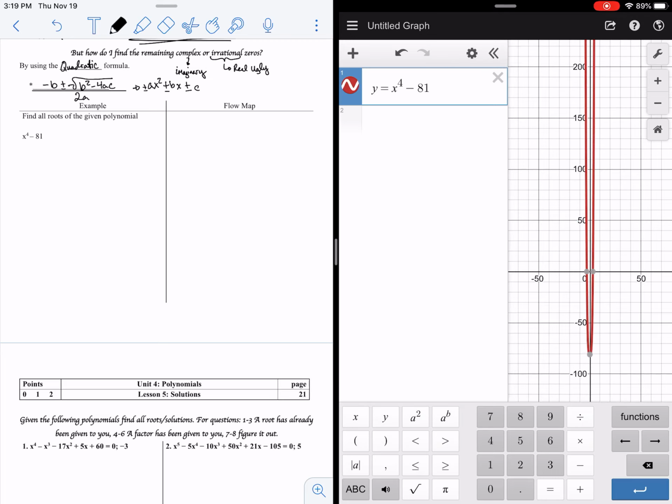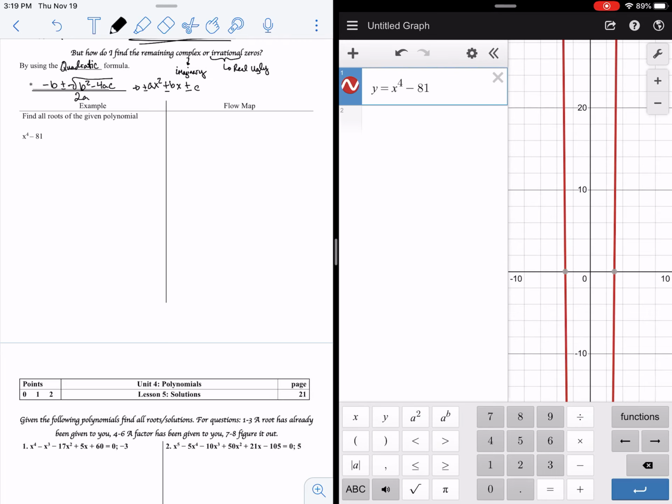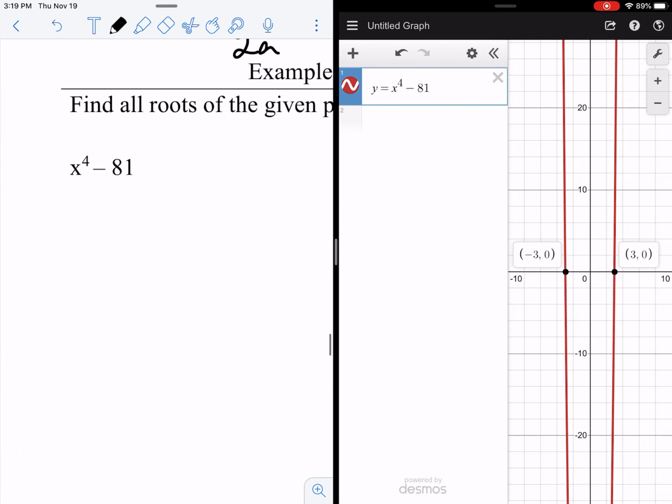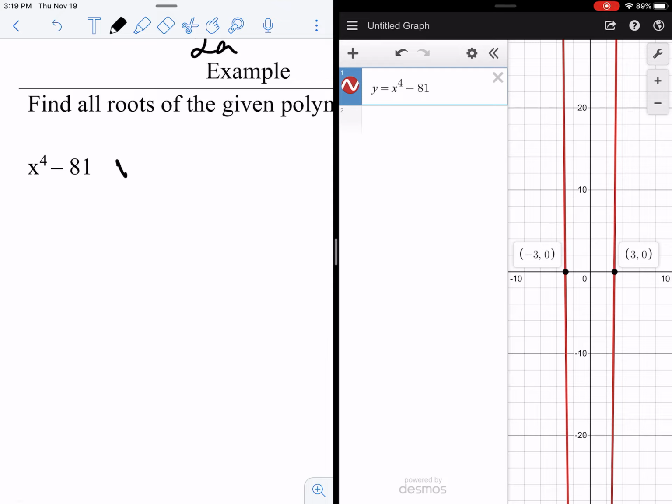I'm going to zoom out, hit home, and I see -3 and 3. All right. So x is equal to -3, and x is equal to +3.